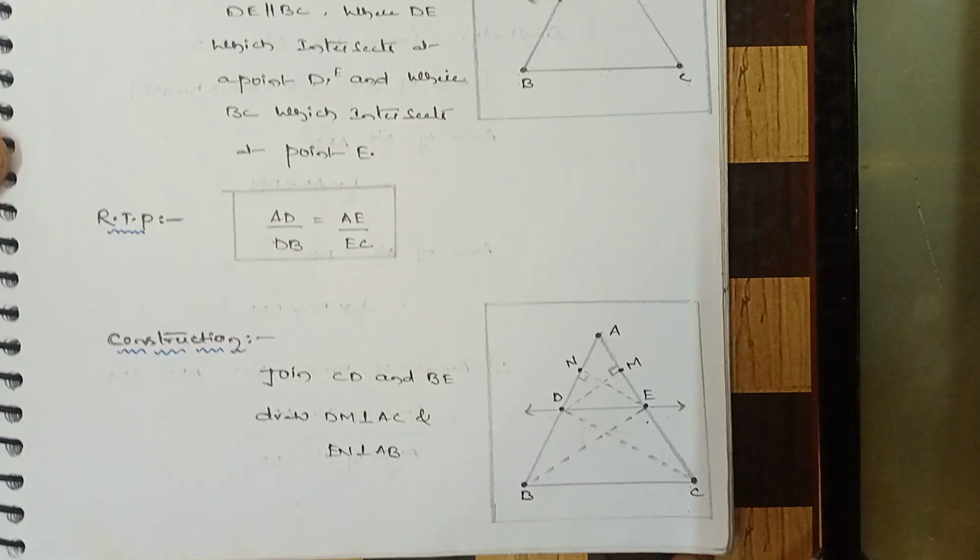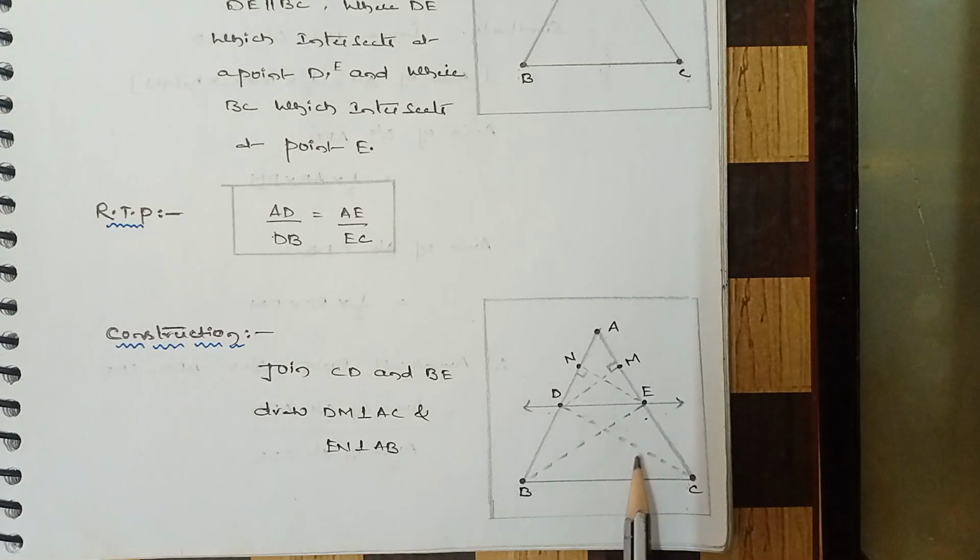If you join DC and BE, then what do we get?